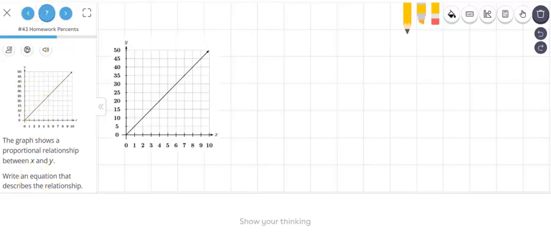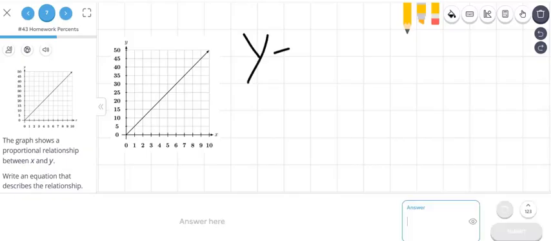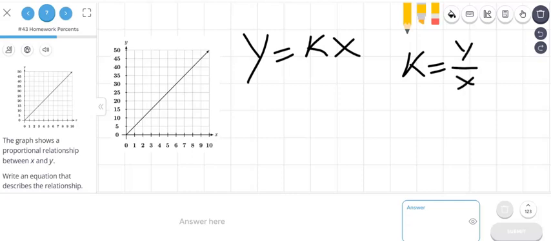All right, so this one says the graph shows proportional relationship between x and y. Write an equation that describes the relationship. So we did this last chapter. So we need y equals kx. And remember, k equals y over x. So you can find any point on the graph.